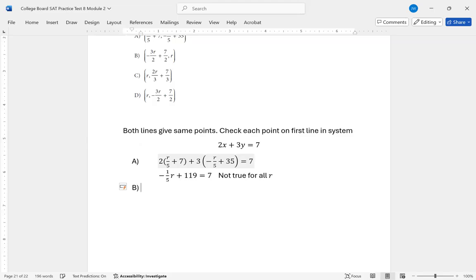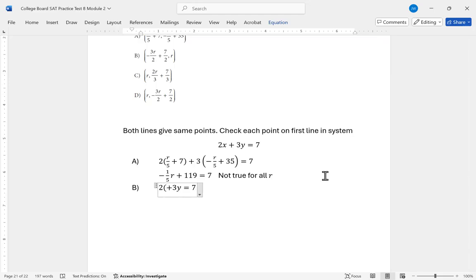So let's move on to option B. Once again, we're going to go 2x plus 3y equals 7. And then I'm going to plug in negative 3r over 2 plus 7 halves for the x value.